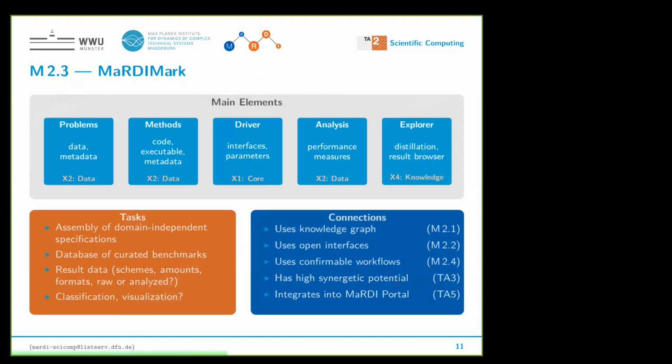In order to do so, we've identified 5 major objects that we somehow need to have in such a benchmarking workflow. On the first point, obviously, we need basic data sets that are our raw data that we want to apply the algorithms and methods on. So raw data are basic data plus their metadata descriptions.